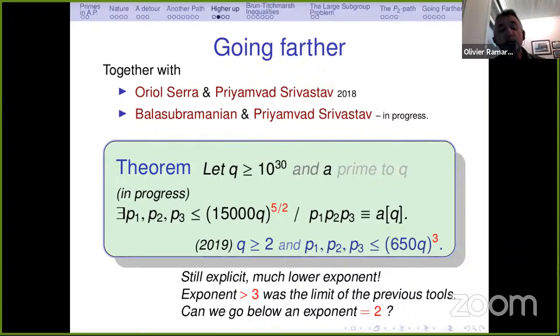What is published is a work with Oriol and Priyamvad, where we had Q to the cube. But the method we had with Oriol and Priyamvad was blocked at 3. We were already happy to have managed to go below 4, but we were stuck at 3, and now we have 5/2.